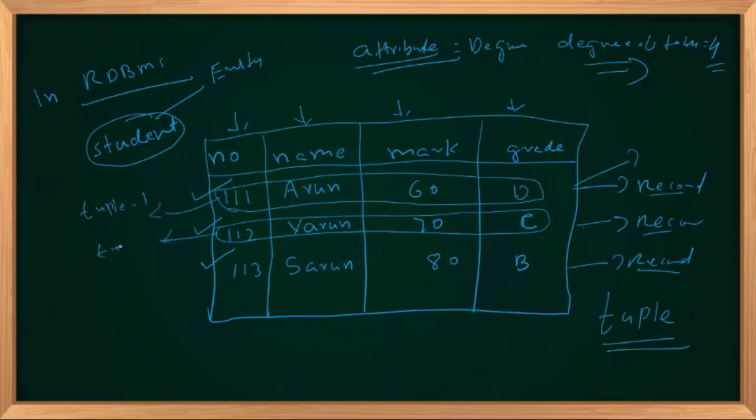This is tuple 2. This is tuple 3. Row values in a table are tuples.